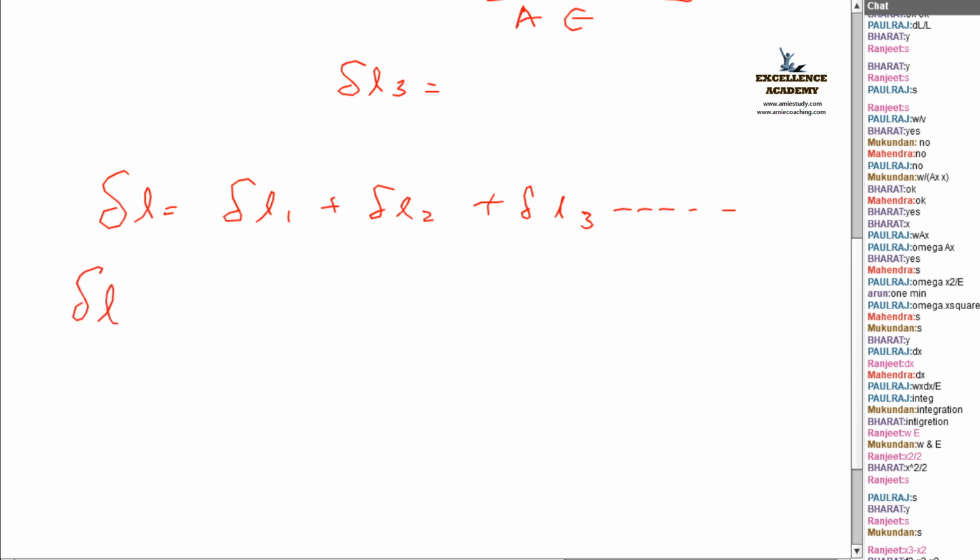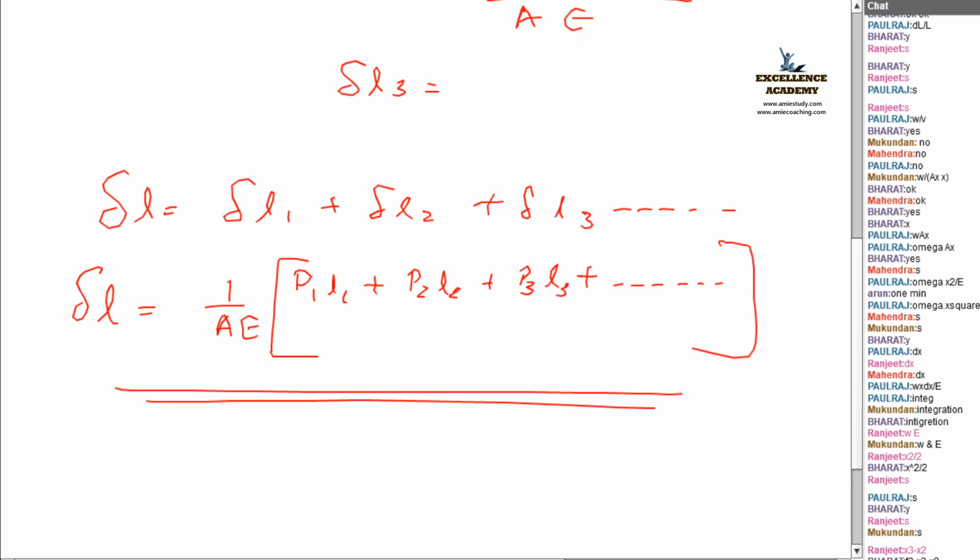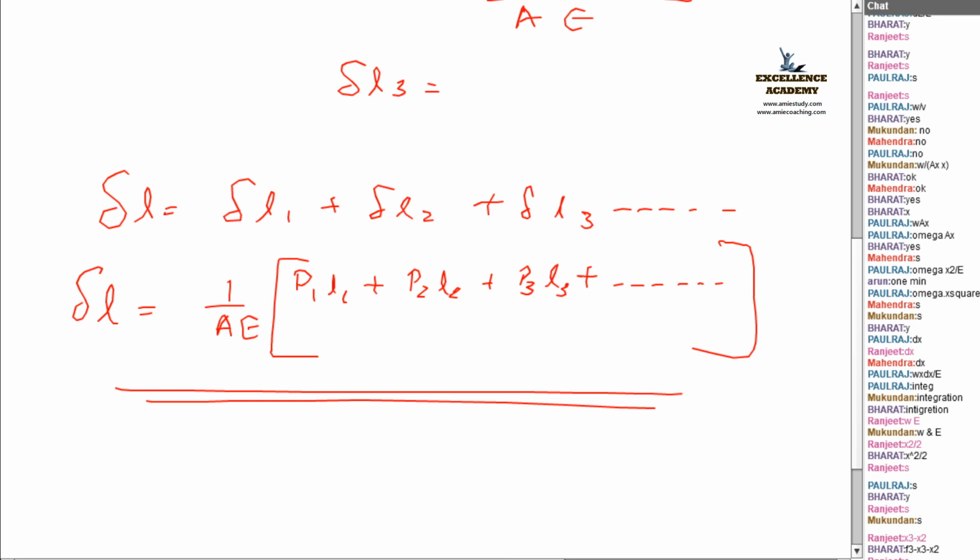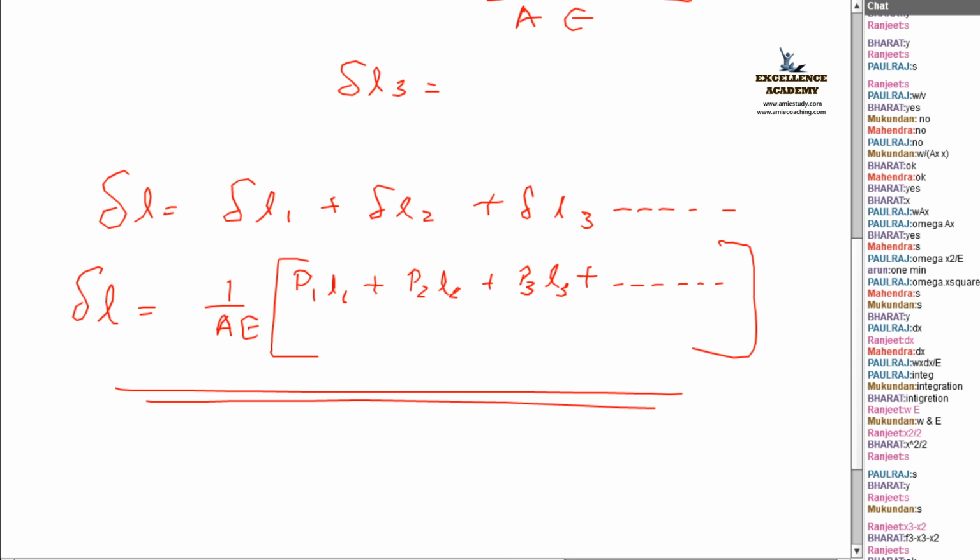That means, in short, delta L for a superimposed object can be found out by 1 by AE into P1 L1 plus P2 L2 plus P3 L3 plus etc. Clear?